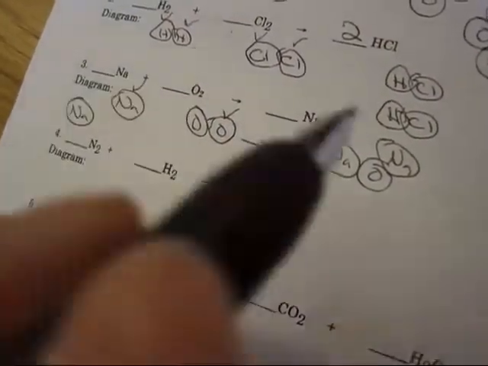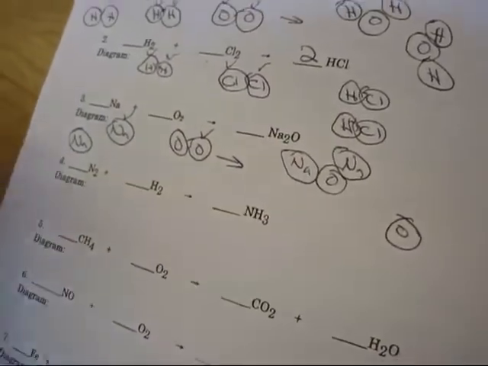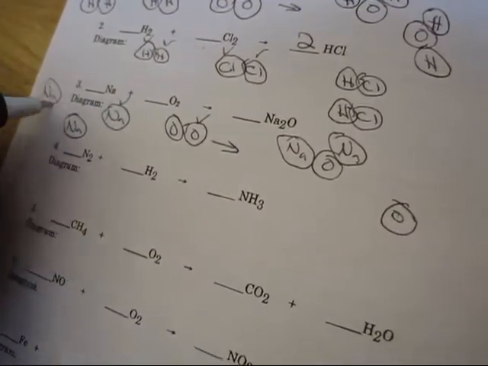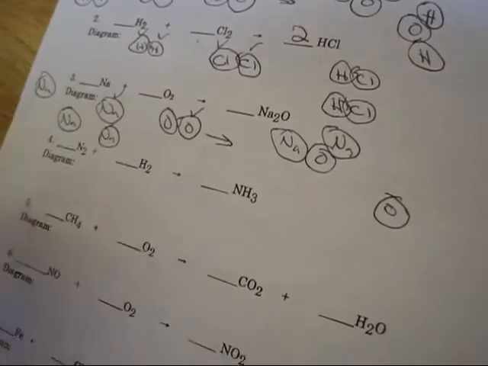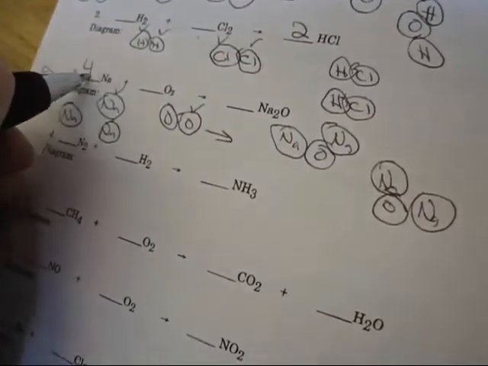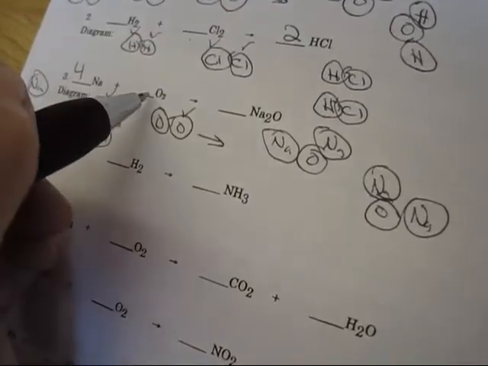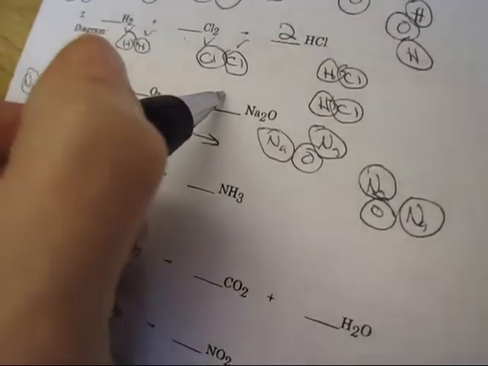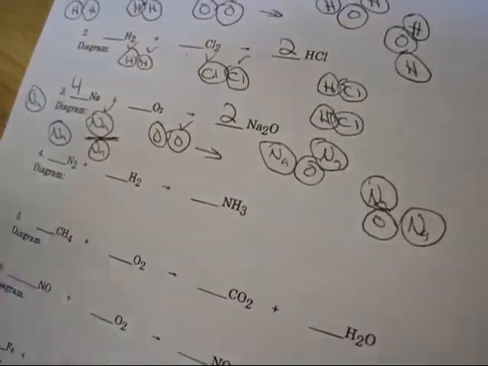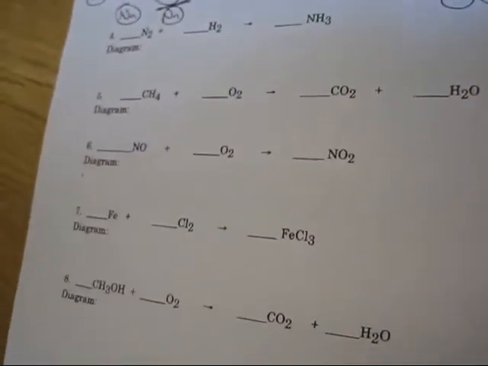And I still have an extra oxygen left over, so I probably need to complete this one as well. So I'm going to do 2 more Nas. And there you go. So for every 4 sodiums, and these 2 should not be next to each other, they're not bonded, and 1 oxygen molecule, I get 2 Na2O molecules. See if you can pause this and do the rest of them in a similar way.